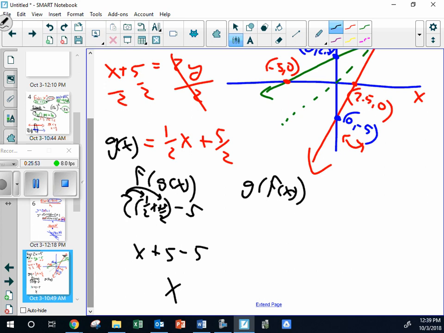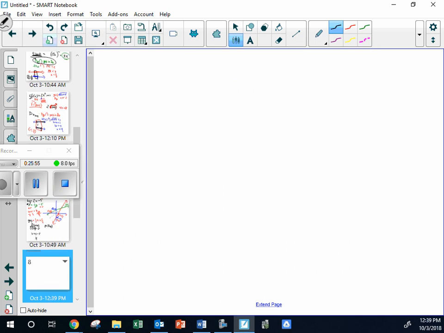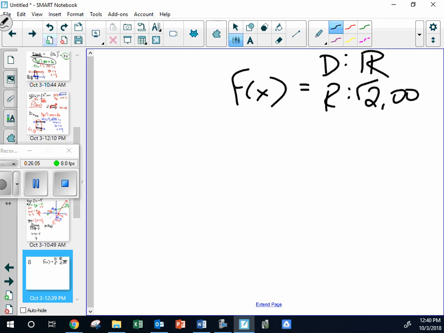All right. What if I just said, here's f of x, and I'm not even going to tell you what it is, but I'm going to tell you its domain is all reals, and its range is from 2 to infinity. Then what if I said, here's f inverse, and I want to know its domain and range.